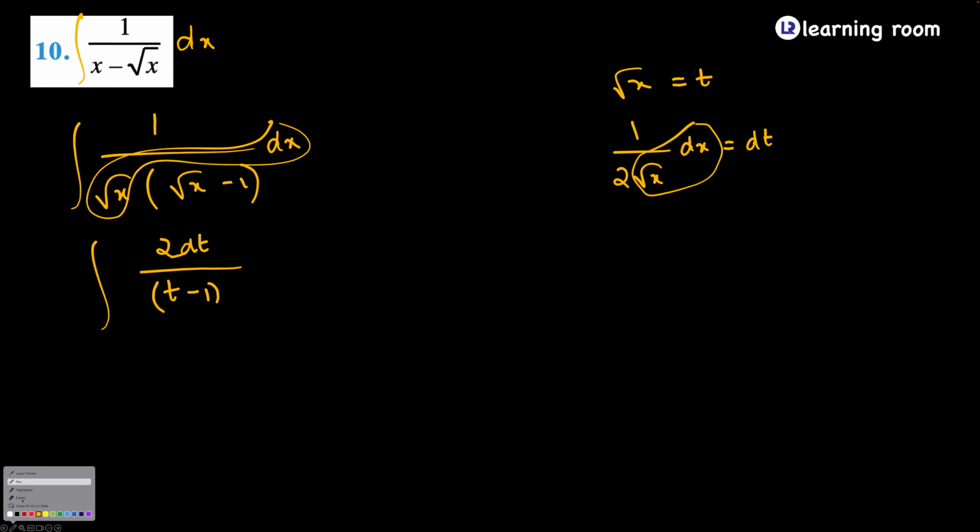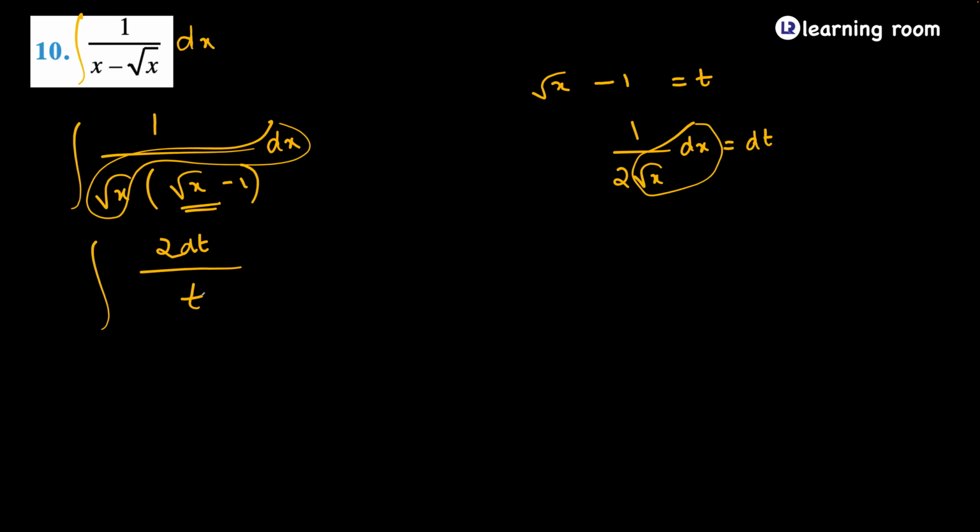You can still solve with this also, but a small change that I'm going to do is, instead of taking root x as t, I'll take root x minus 1 as t, which will not make any difference in this value. So that instead of taking the denominator as t minus 1, I can directly write it as t itself.